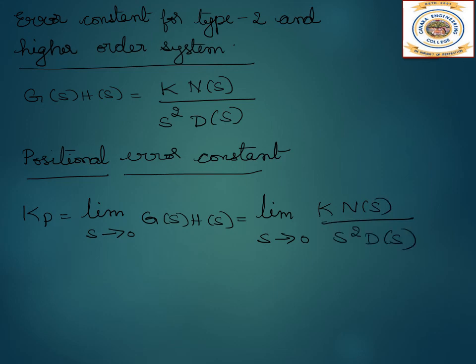So what happens when you apply limits? You get it as infinity. Something by s means s is 0, you get infinity. So what is the steady state error? ESS is equal to 1 by 1 plus Kp. So that is 1 by 1 plus infinity. You get it as 0 steady state error.